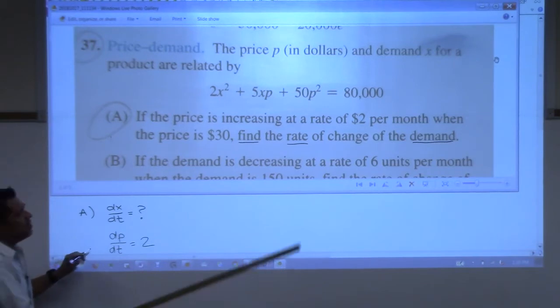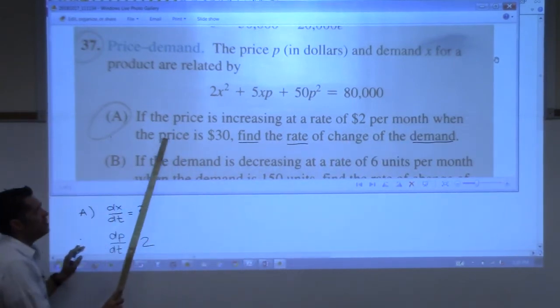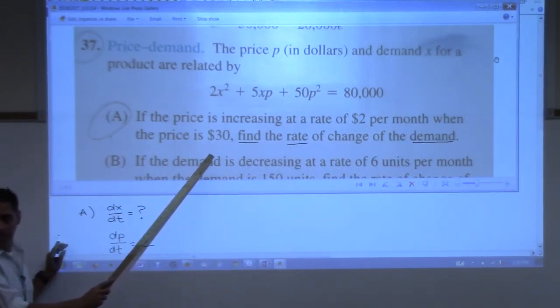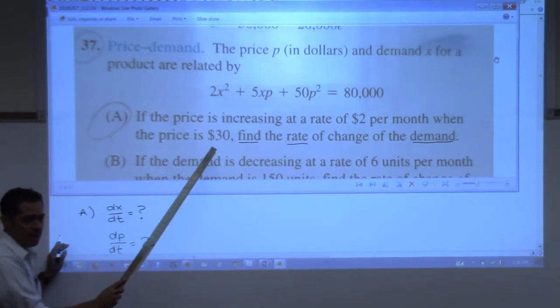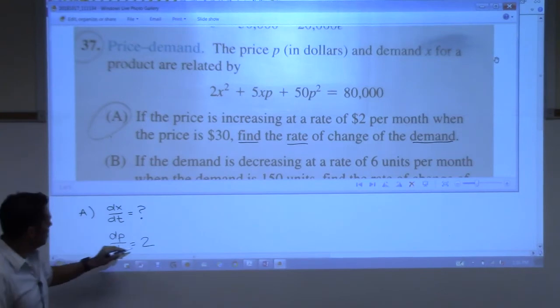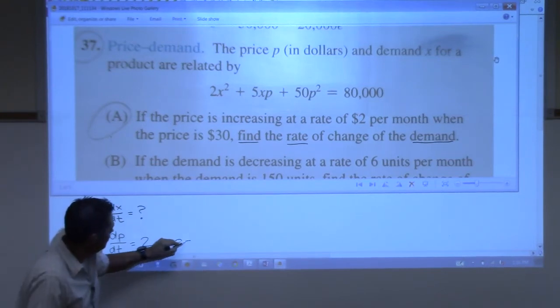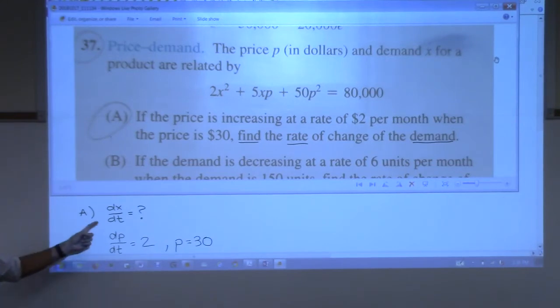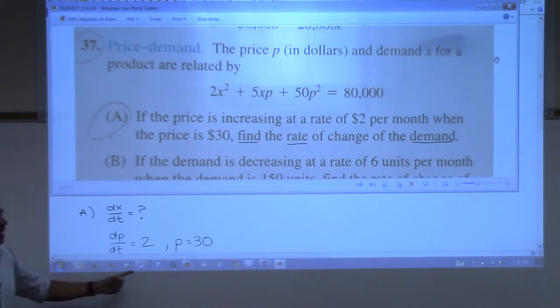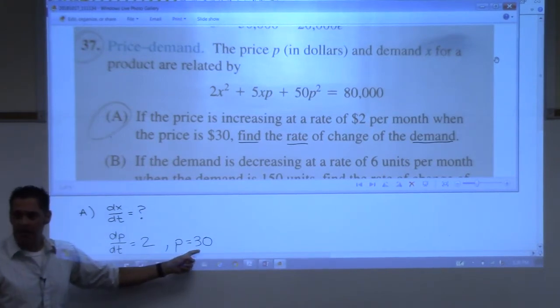Now it also says when the price is 30. That's P. That's just P. See, because when it says price is 30, it's not saying rate of price, right? It's just saying price. So this means P is 30. So we're supposed to find dx dt when the price is changing at $2 per month and when the price has been set at $30.